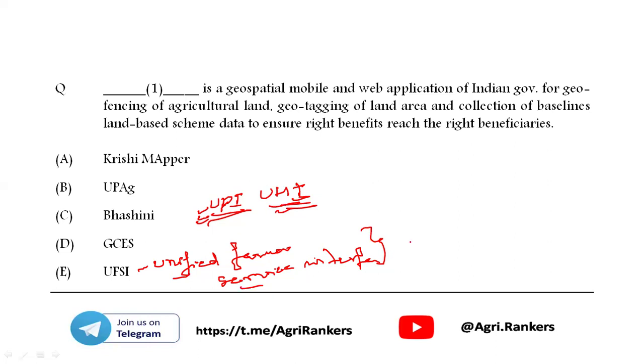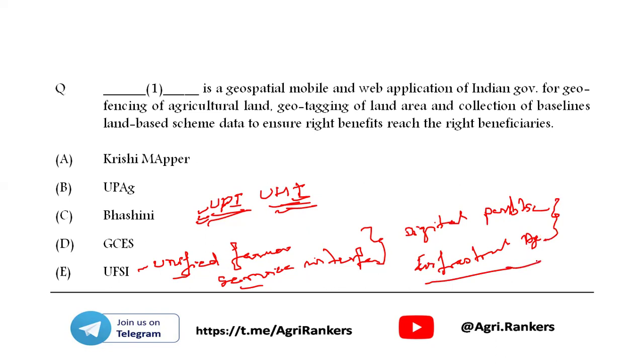This Unified Farmer Service Interface is part of Digital Public Infrastructure in Agriculture. This mission has been going on since 2021-22, and every year in the budget, the finance minister discusses it.